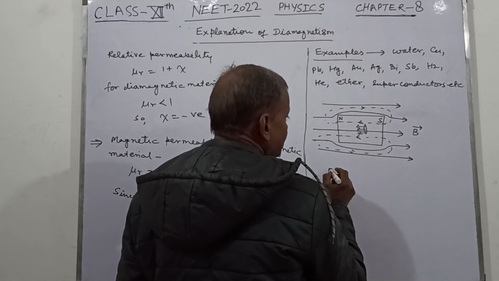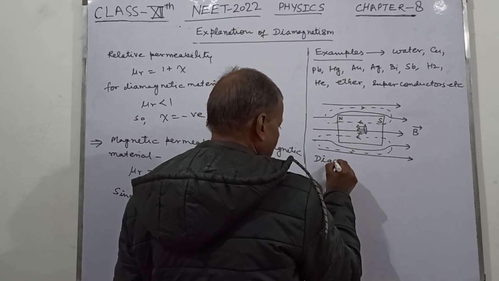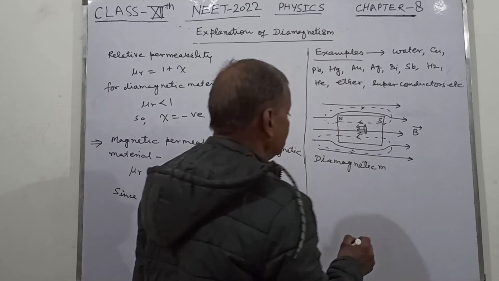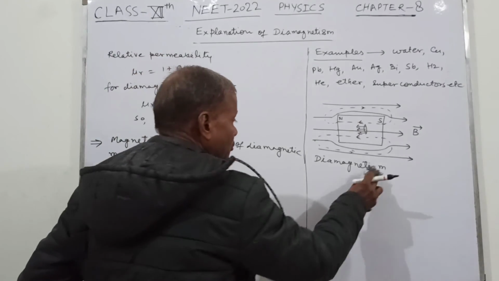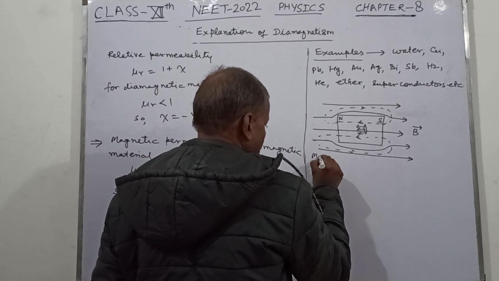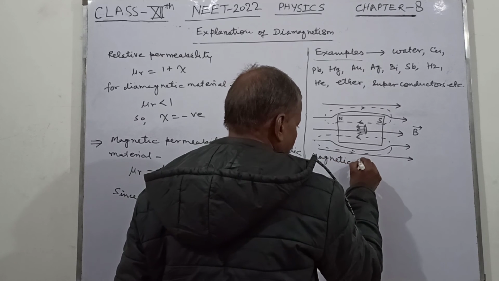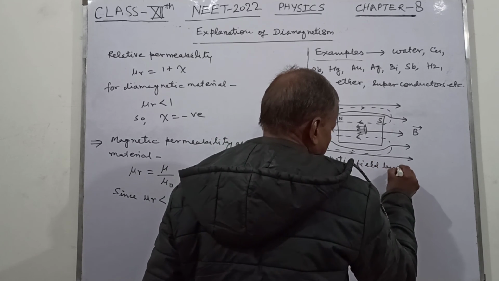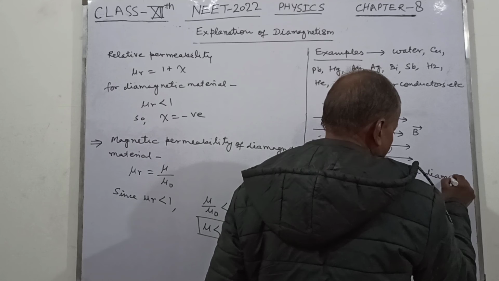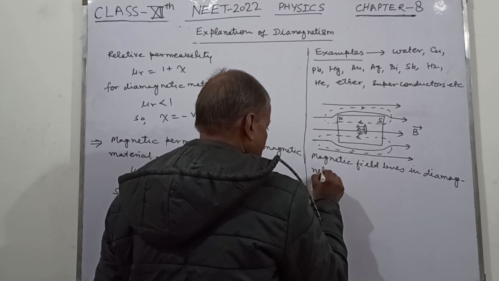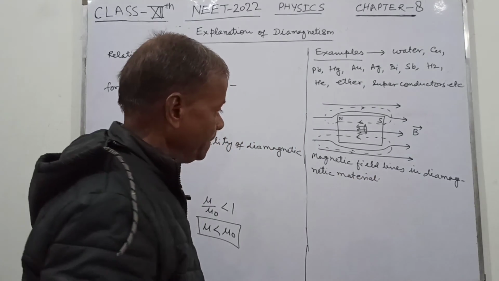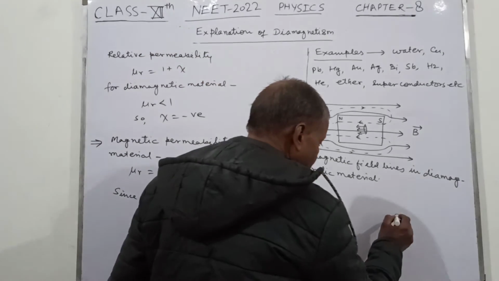Also, let us look at the magnetic field lines in a diamagnetic material, the superconductor.